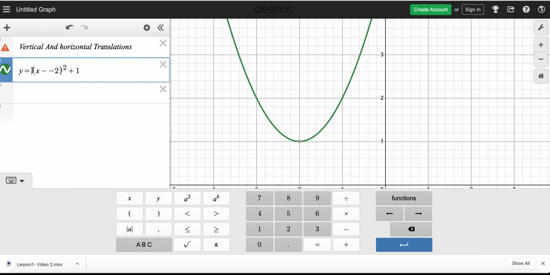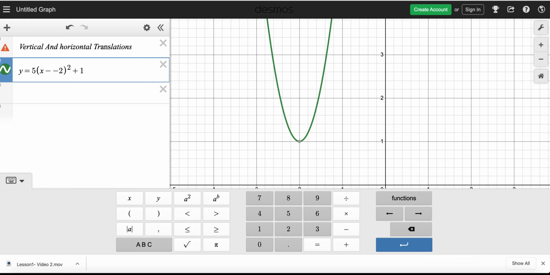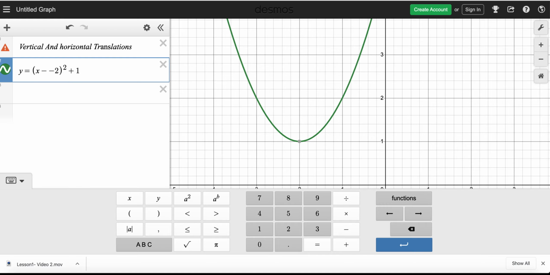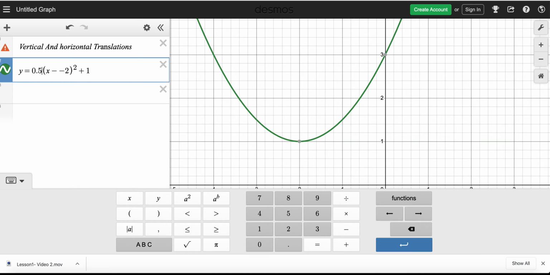Remember, if I want to make it narrower, I multiply it by a number greater than 1, let's say 5. It's narrower. Multiply it by a number less than 1, like 0.5, and now it went wider.